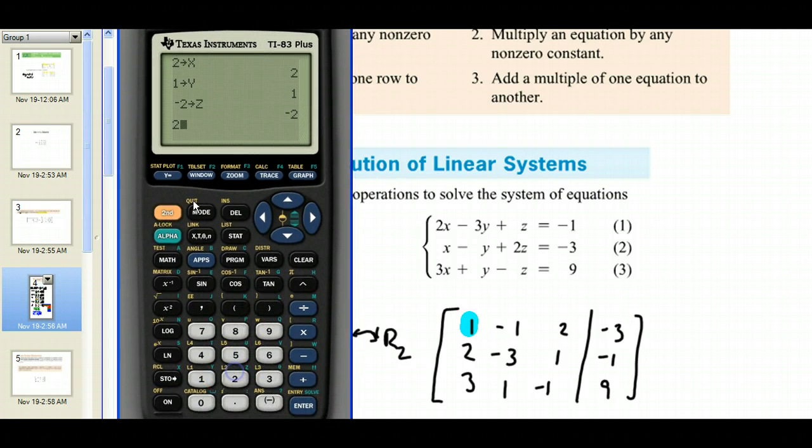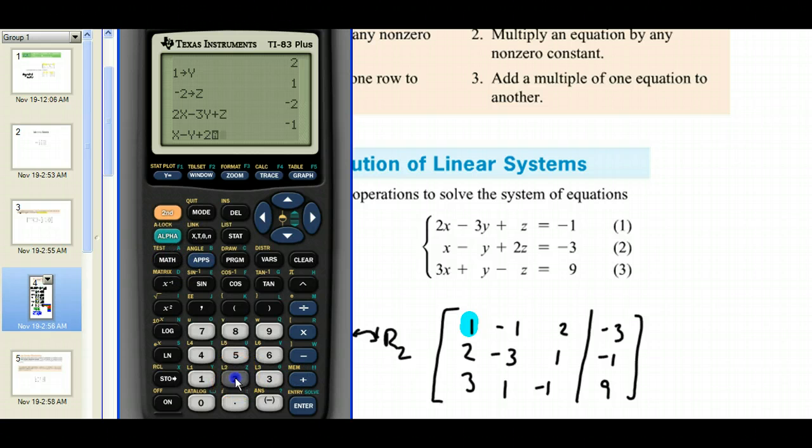So 2x minus 3y plus z is equal to negative 1. And then just rewrite all three of them. It has to solve all three. Just because it solves one doesn't mean it's necessarily the solution we're after.